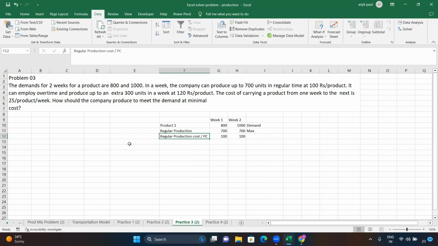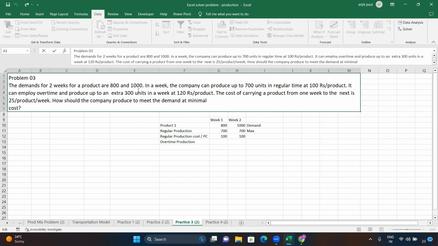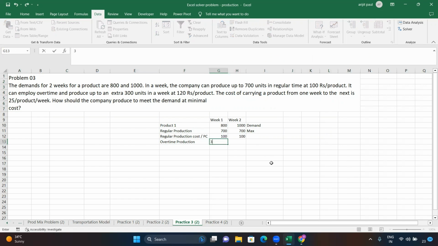Now, it can employ overtime and produce up to an extra 300 units in a week at 120 rupees per product. So in case we need to do overtime production, as per the problem statement, we can produce up to 300 units in a week. So that is the maximum units that we can produce during overtime production. Okay, so we can write it down.